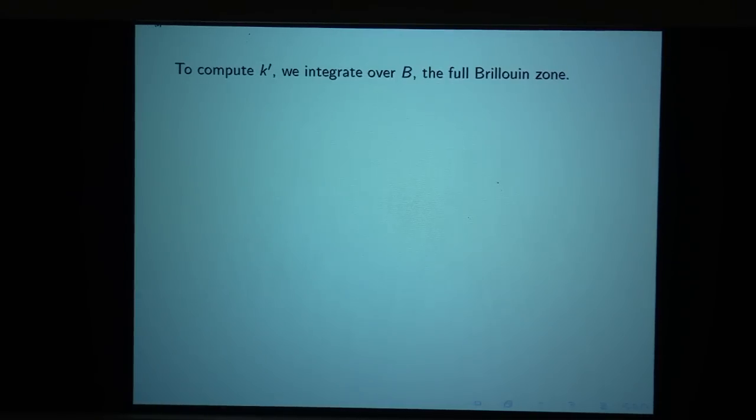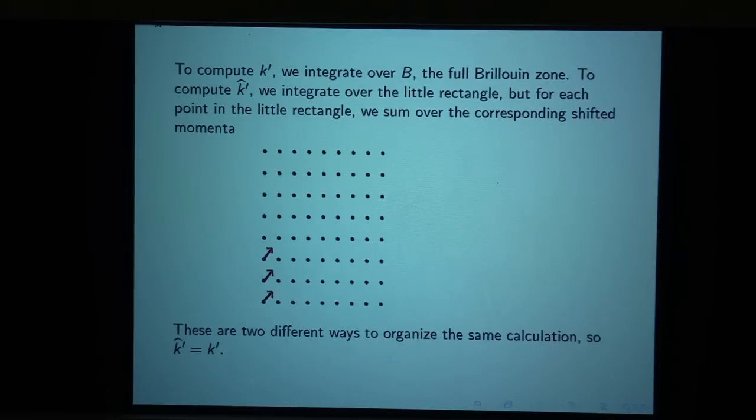Now, to compute K prime, which is the Berry flux integral for the microscopic Berry connection in band theory, we integrate over the full Brillouin zone. To compute K prime hat, we just integrate over the little rectangle. But for each point in the little rectangle, which means a particular value of alpha 1 and alpha 2, we have to sum over all the states that are allowed for that value of alpha 1 and alpha 2.